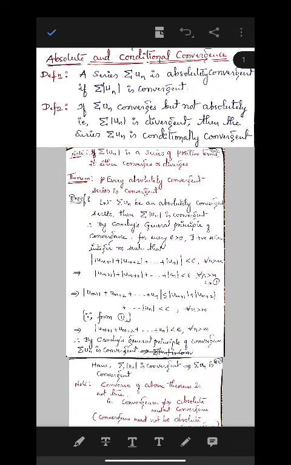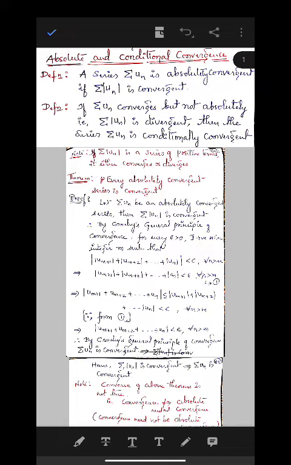So absolute convergence means what? Suppose summation un is a convergent series, and summation modulus of un is also convergent, then we can say that it is absolute convergence. And we say that the given series summation un is conditionally convergent if summation un is convergent but summation of modulus un is divergent; for some condition it is convergent.